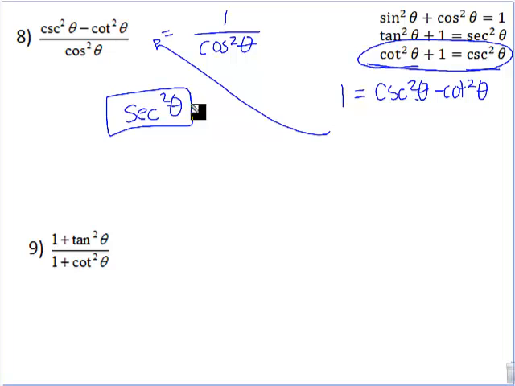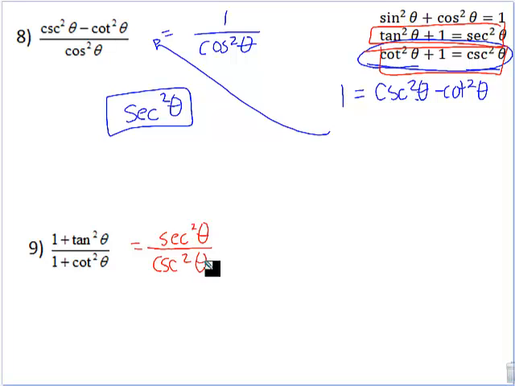So 1 plus tangent squared, what would that be the same as? Yeah, that's the same as secant squared. So we're going to replace that with secant squared of theta over 1 plus cotangent squared. What's that the same as? The last one. That's going to be the same as cosecant squared of theta.